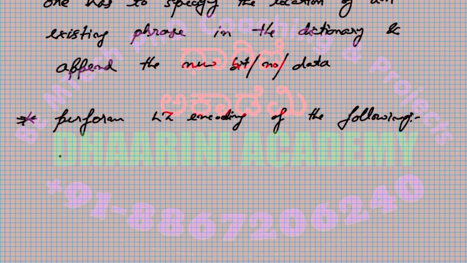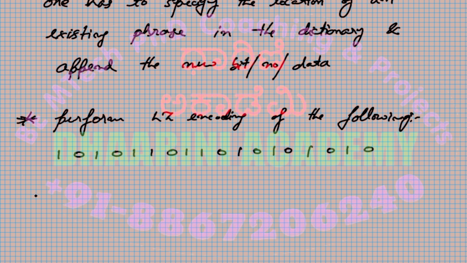The data set is 1 0 1 0 1 1 0 1 1 0 1 0 1 0 1 1 0. Let me just check this. So 1 0 1 0 1 1 0 1 1 0 1 0 1 0 1 0 1 0. Okay, fine, so this is the given data.